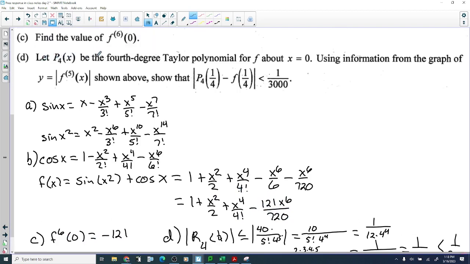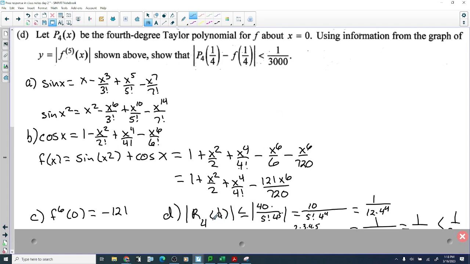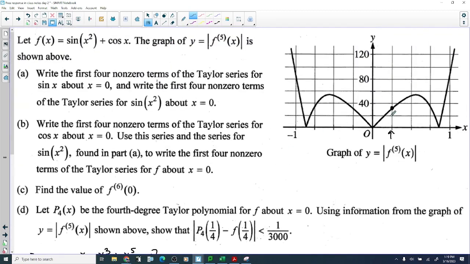Let P sub 4 of x be the 4th degree Taylor polynomial for f about x equals 0. Using information from the graph of the 5th derivative shown above, show that the error is less than 1 over 3,000. So the remainder, or the error when we plug in 1/4, we need the 5th derivative, which if we go up here, we have 1/4 plugged in.